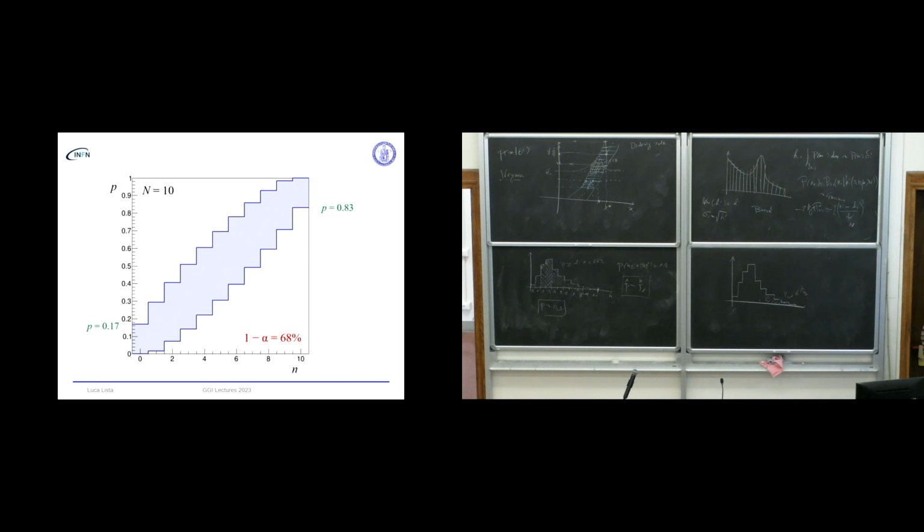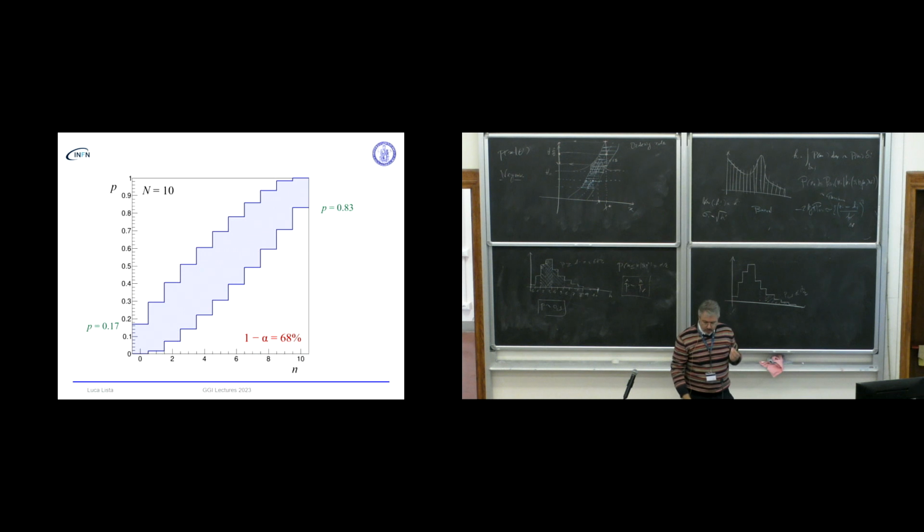You see that the intervals may be asymmetric. Here in particular, it's fully asymmetric. The interval goes from 0 to an upper bound. Here instead, it is very asymmetric the other way. If you go to central values, it's more symmetric, and then it gets the opposite on the other way.